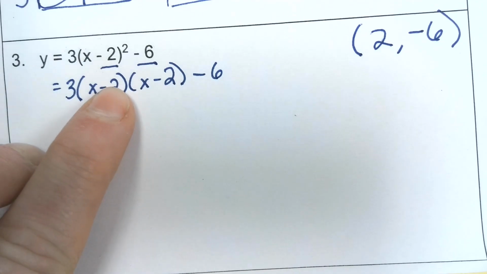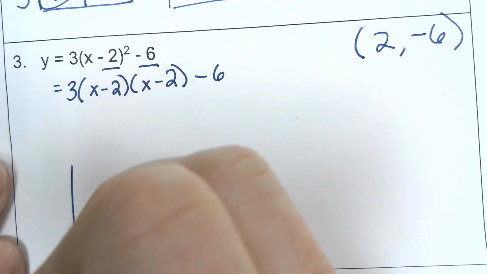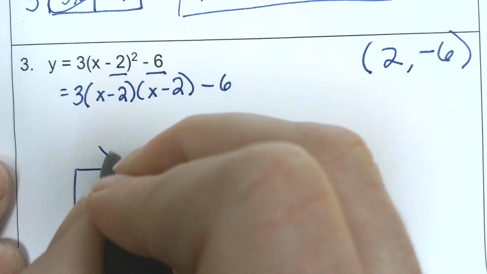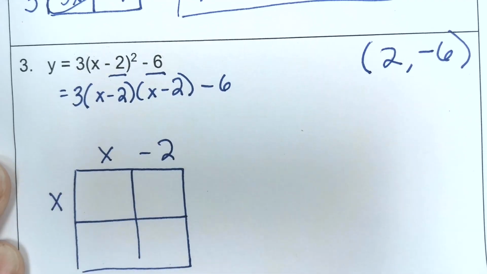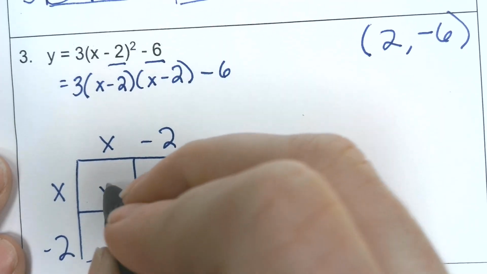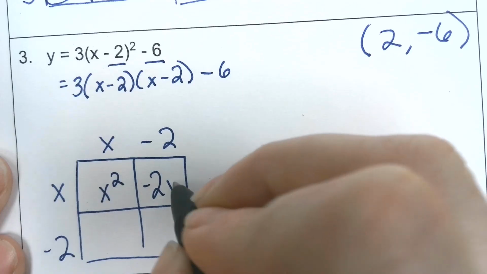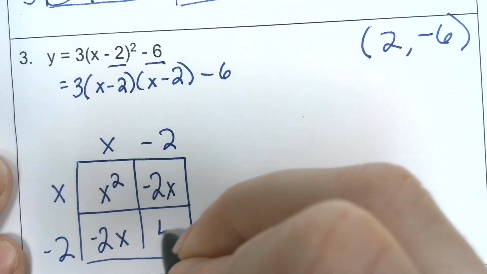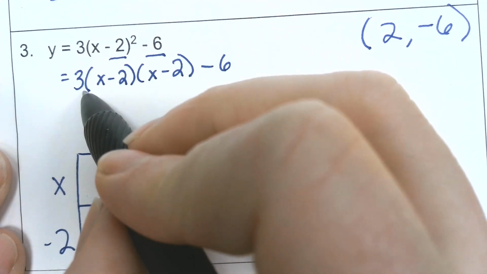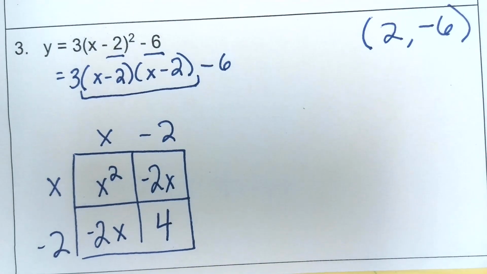Now we want to do our x minus 2 times x minus 2, so we did this right there.